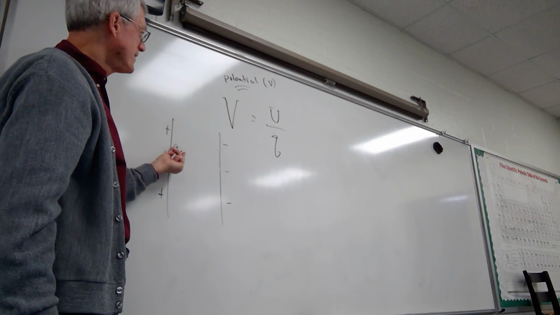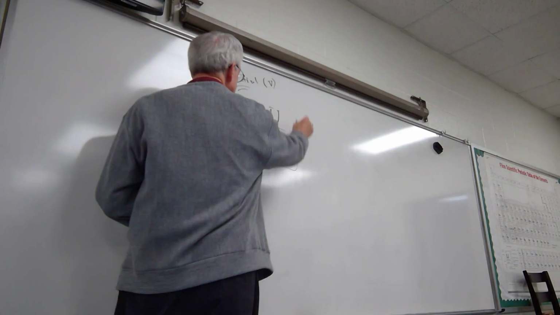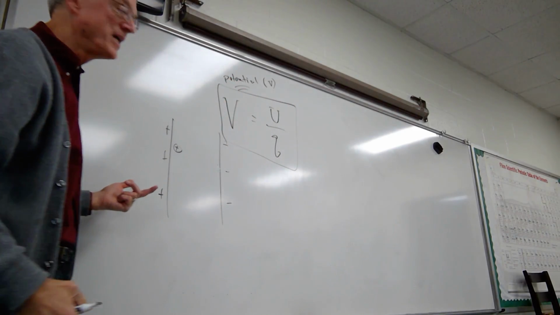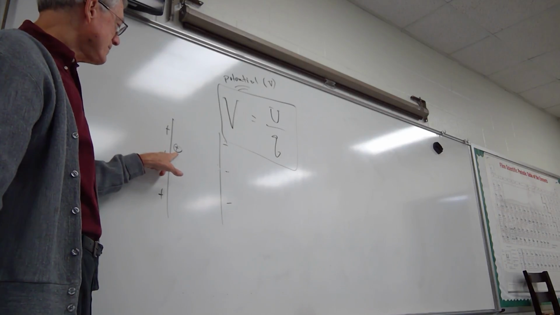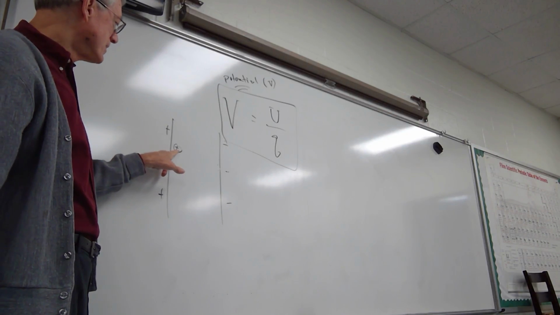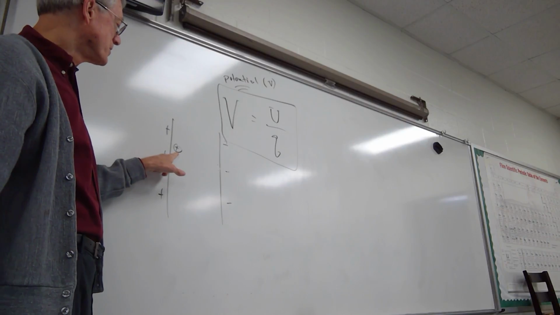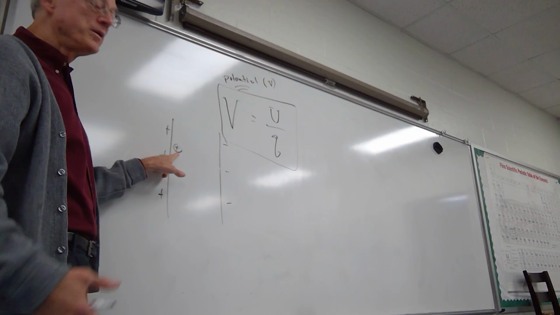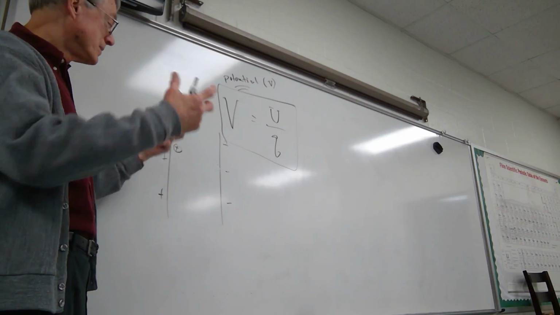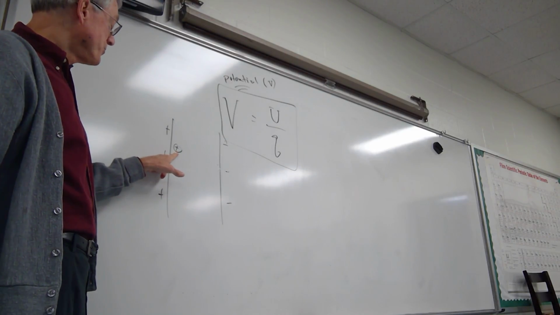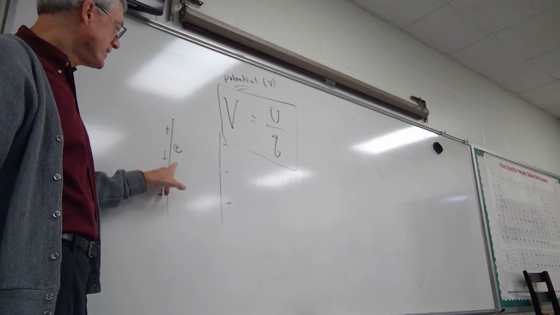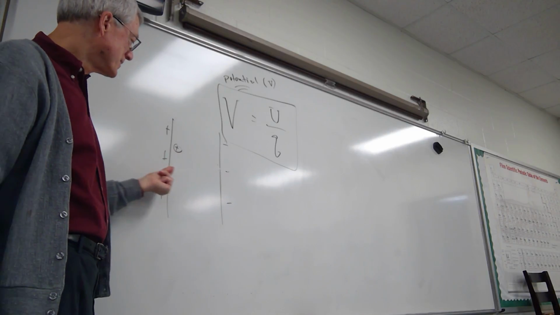Now, the point of the definition, though, and this is the definition right here, that's the definition of potential. The point of the definition is that V does not depend on what you put there. You could put a proton there, but you could also put a particle that has a whole lot of coulombs on it, and you would get the same V. V depends on the place it is in this electric field.